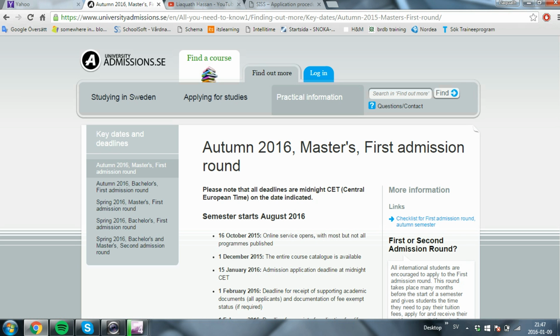For example, if you have a master's program for 2 years, you have to have a bank balance for 2 years of cost, which I think was 81,000 Swedish krona per year. In that case, it should be 162,000 Swedish krona you need to show for 2 years.